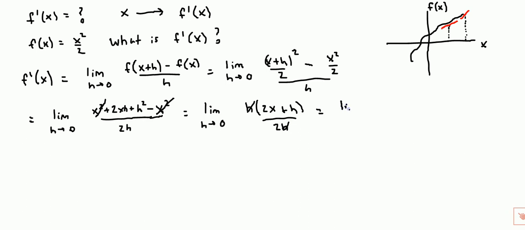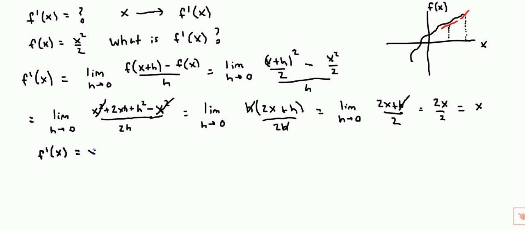So this is the limit as h approaches 0 of 2x plus h divided by 2. So if h is going to 0, this term drops out, and I'm left with 2 times x over 2, or just x, okay? So what did we ask for originally? F prime of x. F prime of x is equal to x.